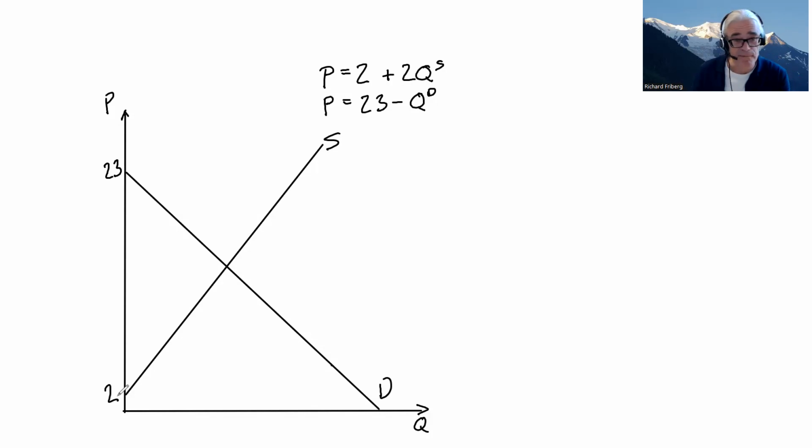And we've seen in a previous exercise that the equilibrium quantity here is 17, and the equilibrium price is 16.